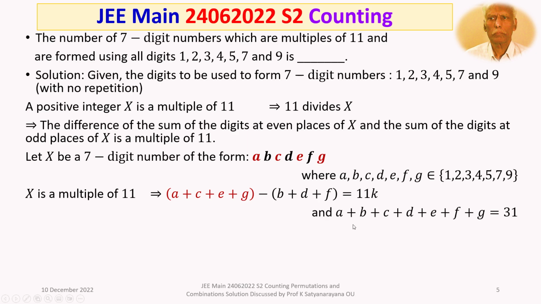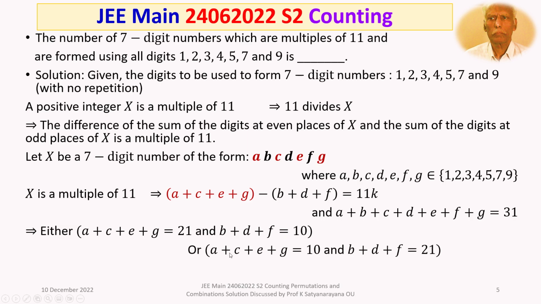And the sum of all the digits A plus B plus C plus D plus E plus F plus G is 31. So these are the two equations to be satisfied. From this it follows, it's not that easy, but it follows that either A plus C plus E plus G is 21 and B plus D plus F is equal to 10, the sum is 31, or A plus C plus E plus G is 10 and B plus D plus F is 21.